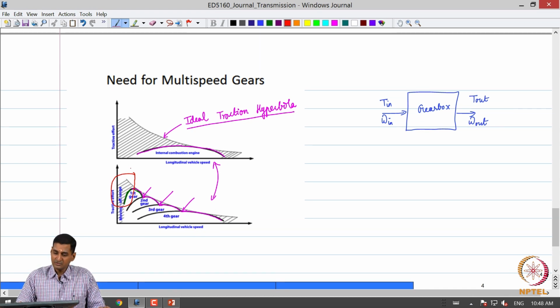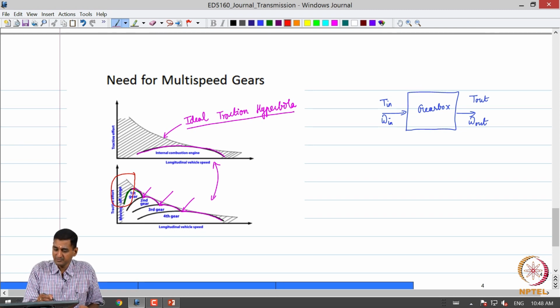So that becomes extremely important when we want to move the vehicle from rest. And not only that, a clutch also becomes important when we want to change from one gear to another. So we will learn about all those functions of a clutch and how a clutch is actually realized in practice in the next class.